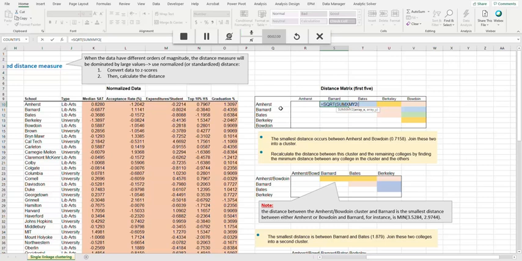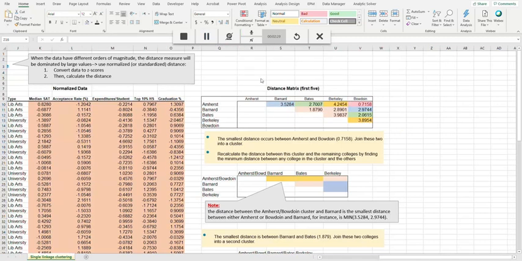We are interested in Amherst, and the distance between Amherst and Bates, Bernard. I will continue in the same manner and find all the other distances in the table, and then we decide which one to merge. Now our distance matrix is complete.